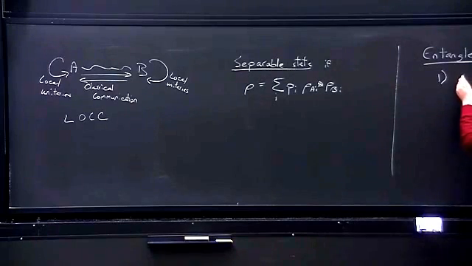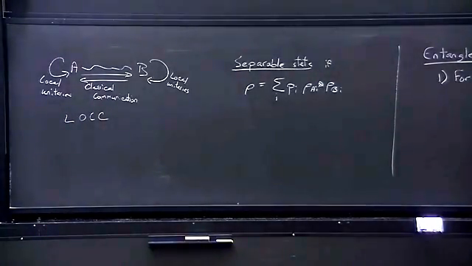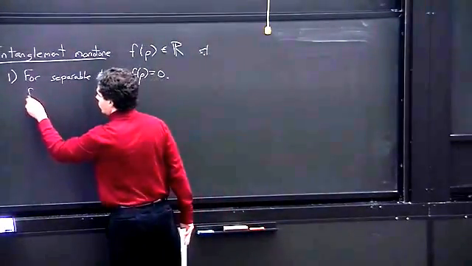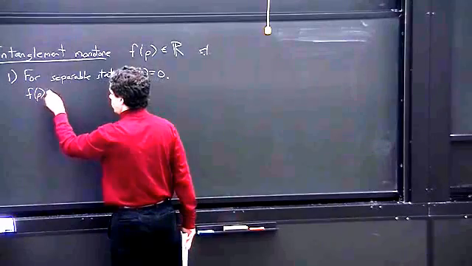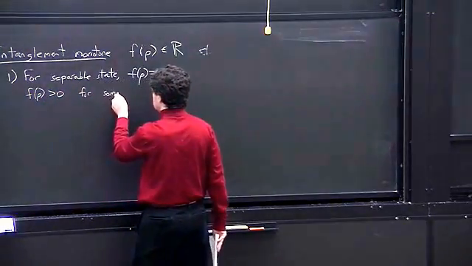So for separable states, we should have f of rho equal to 0. So our quantity tells us there's no entanglement there. And we'd also like it to be non-trivial, so we should have that f of rho is greater than 0 for some entangled states.